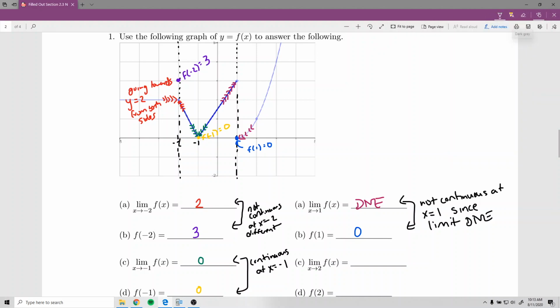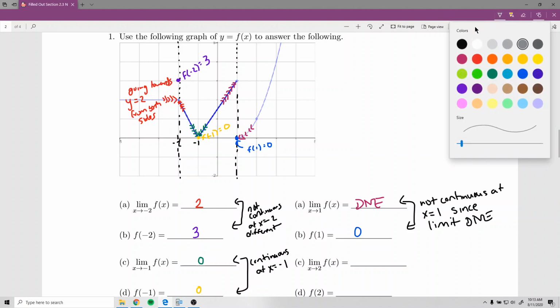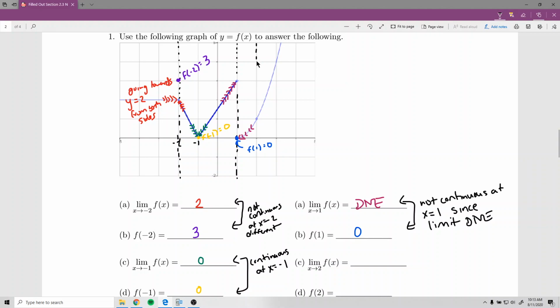Okay, and then the last number we are interested in is at x equals 2, which is right here. Just filling in the rest real quick.